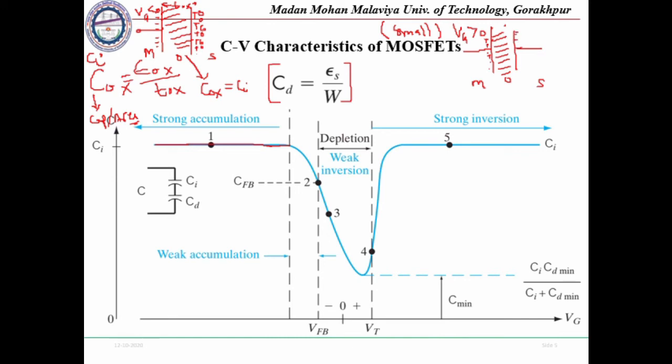So this will be repelling the holes present here. Because of the accumulation, holes are present here, so these holes will be repelled back and will move into the substrate region.